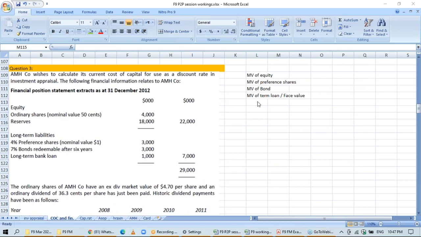So first of all, we will find the market values of these 4 items of financing, right? And then we will calculate the cost.